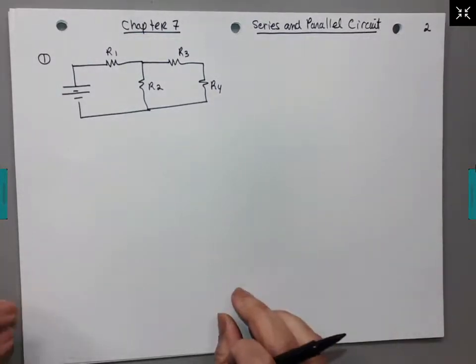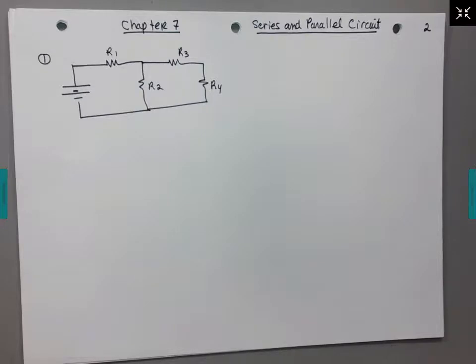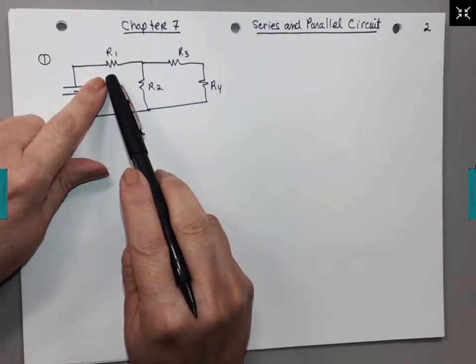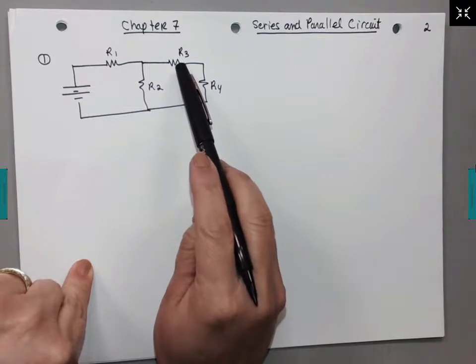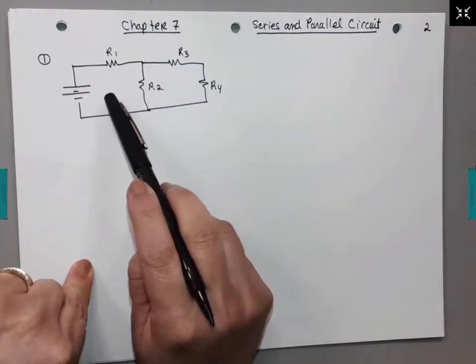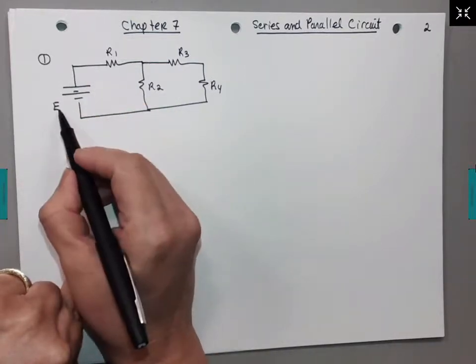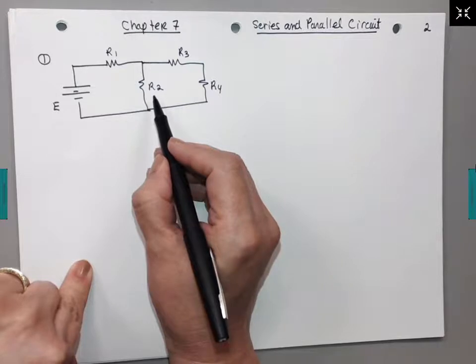So, okay, so many things right here. Notice that there's a resistor here that didn't used to be there before. And notice there's another resistor here that didn't used to be there before, right? So in this case, the voltage E here is not the same voltage across resistor 2.